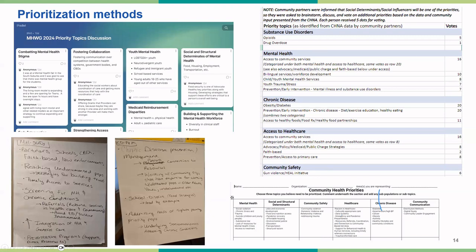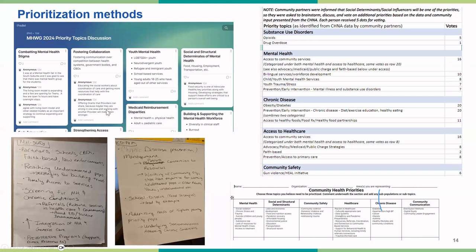This is one that we used with Loyola back in 2022, where they had internally gone through and identified the key health issues that popped out from the CHNA, and then had folks choose 3 topics that should be prioritized, and comment underneath on the subpopulations or subtopics within these major categories that they think should be the focus. And then we summarize that data.